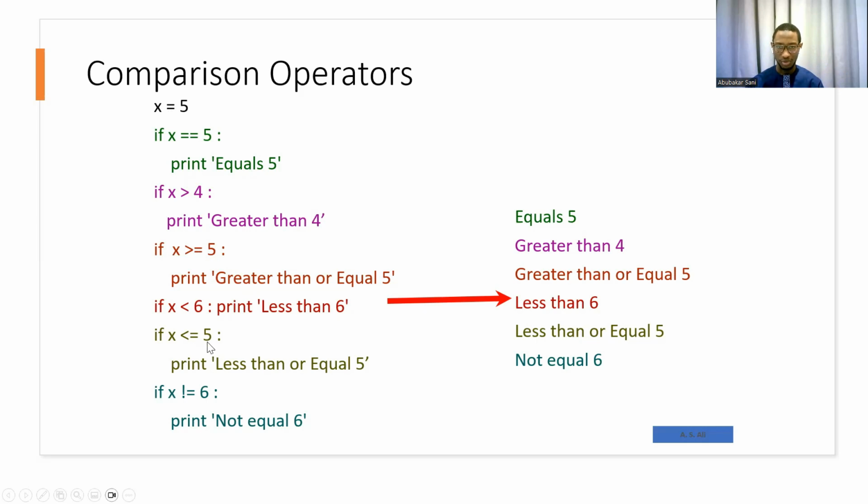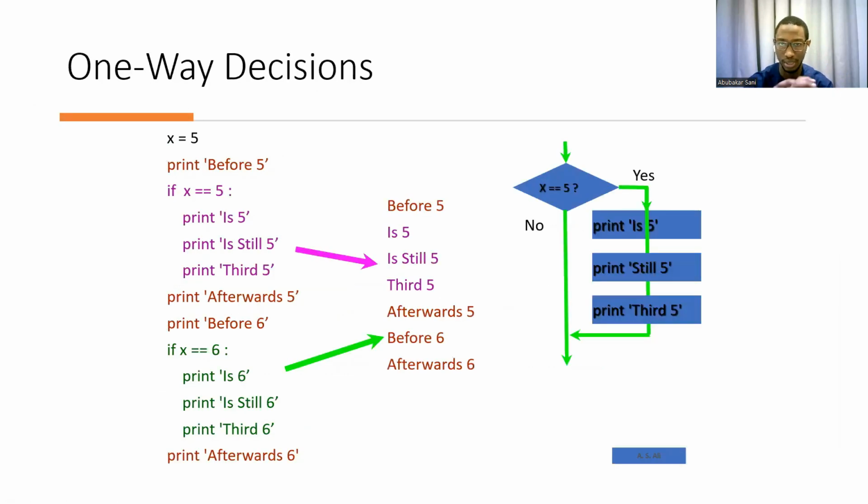Less than or equal to 5, also true. Not equal to 6 is also true. So all these are true for this case. We call this an if statement. It's a one-way decision. You have only one option, yes or no.